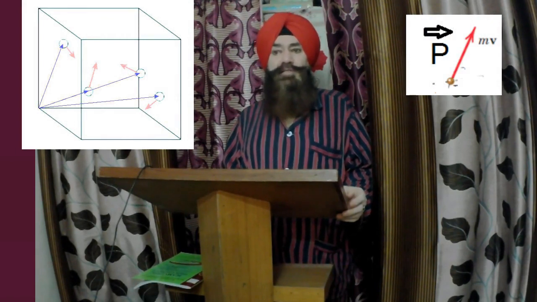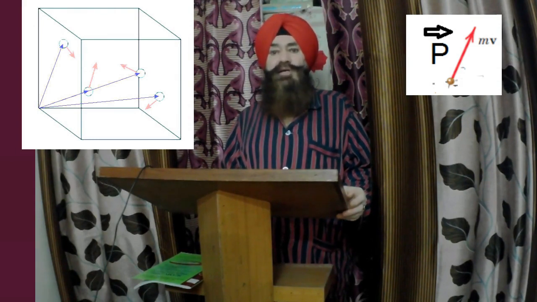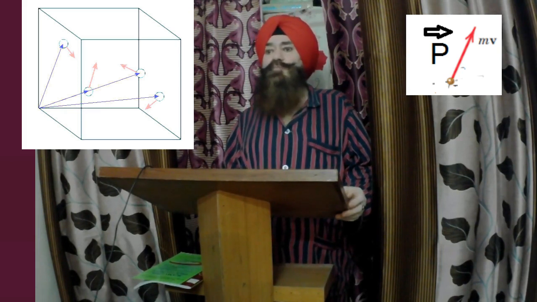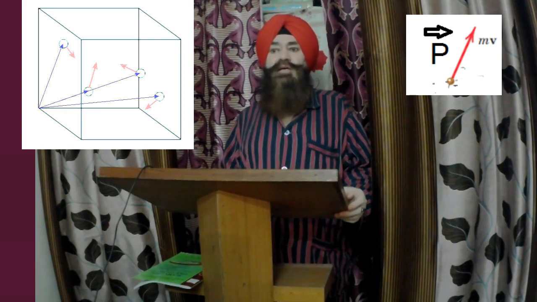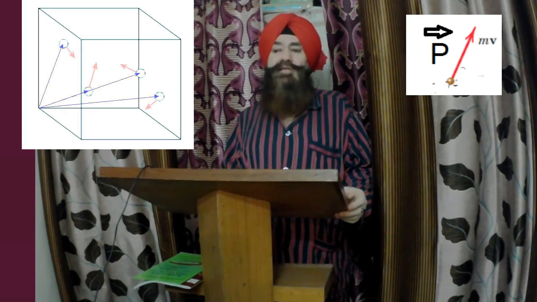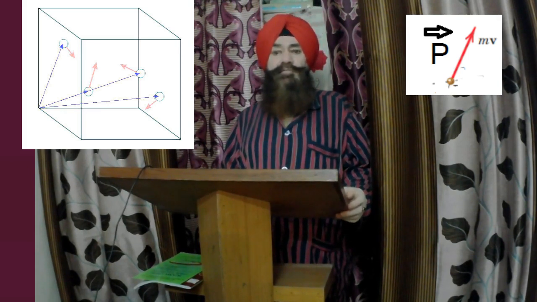Momentum is a vector quantity, and the triple of numbers px, py, pz, for a particle in three dimensions with mass m, is like this: px is m times vx, py is m times vy, and pz is m times vz. These are the momentum values along x, y, z, and vx, vy, vz are the velocity components of the particle.